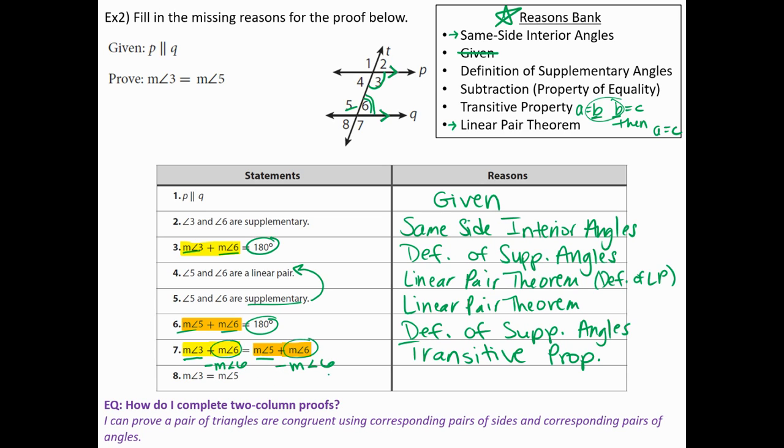That's what you can write in that blank box on your notes. When I do that, these cancel out, and I'm left with angle 3 and angle 5 are equal. Since I did subtraction up here at the top, that's the subtraction property of equality. Basically it means you can subtract something from both sides and you'll get a true equation.